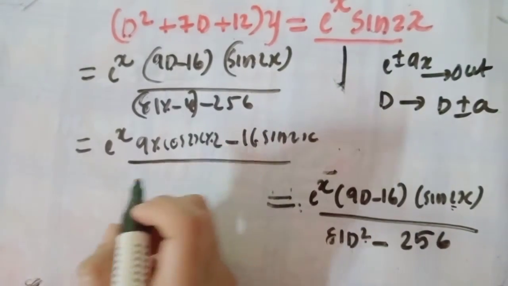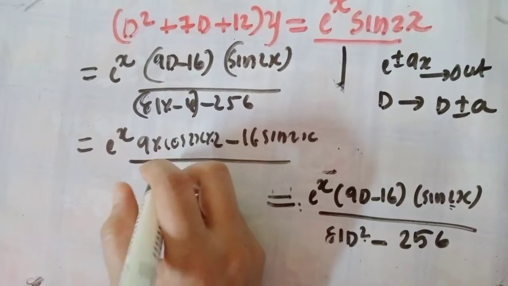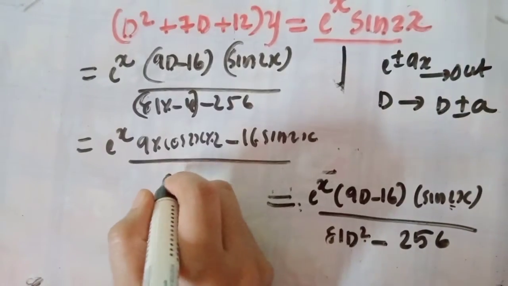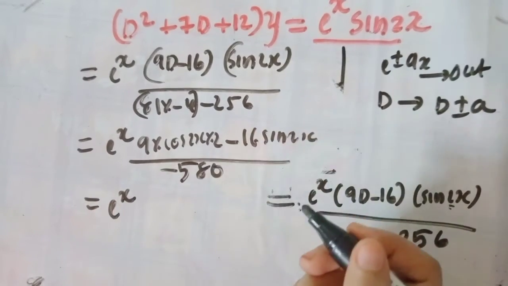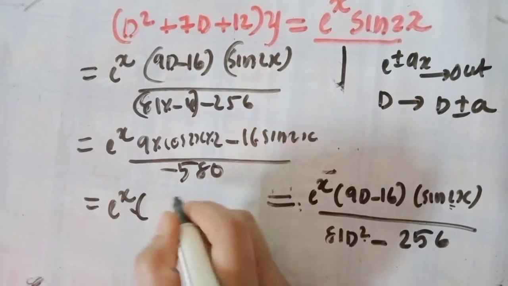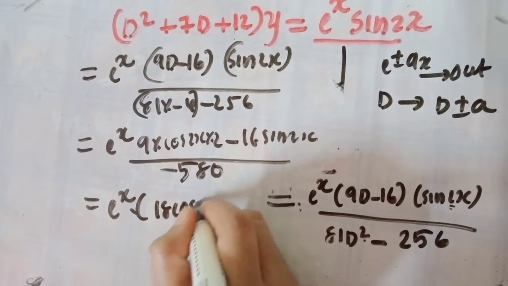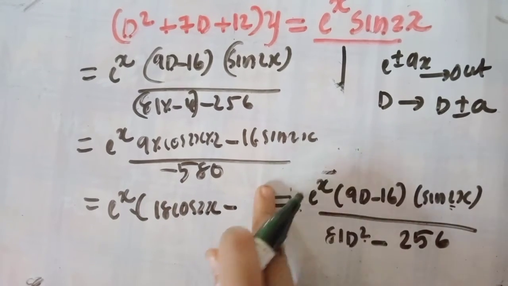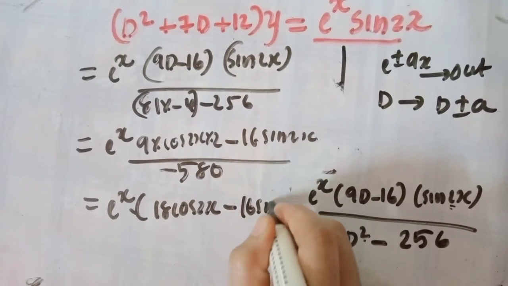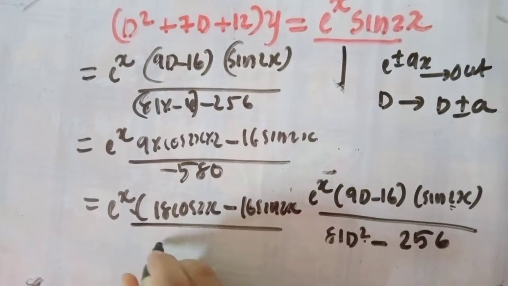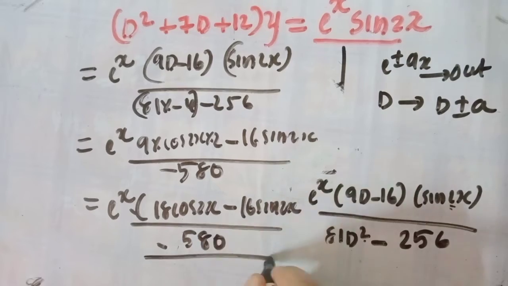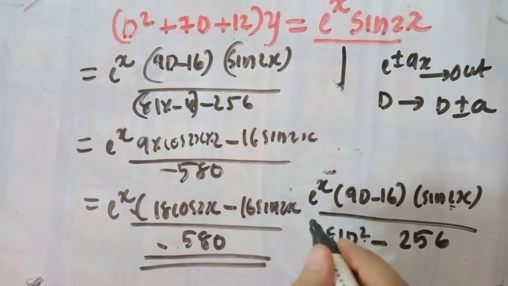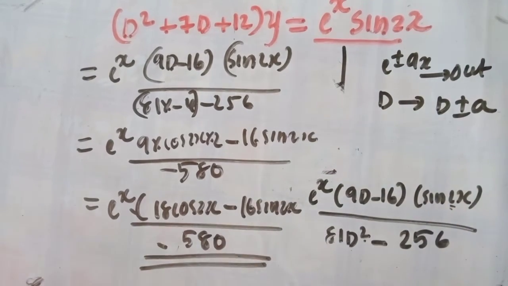So the answer is e raised to x, 18 cos 2x minus 16 sine 2x, divided by minus 580. This is the answer.